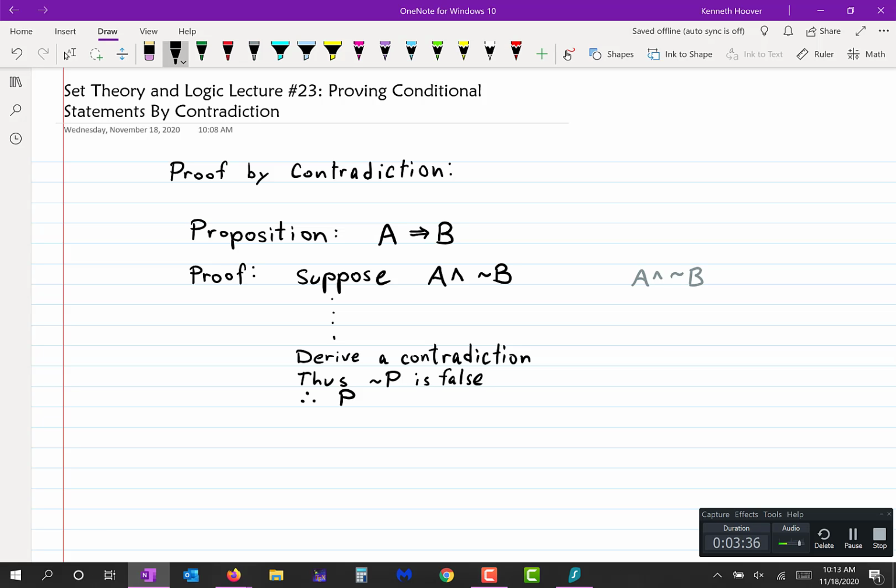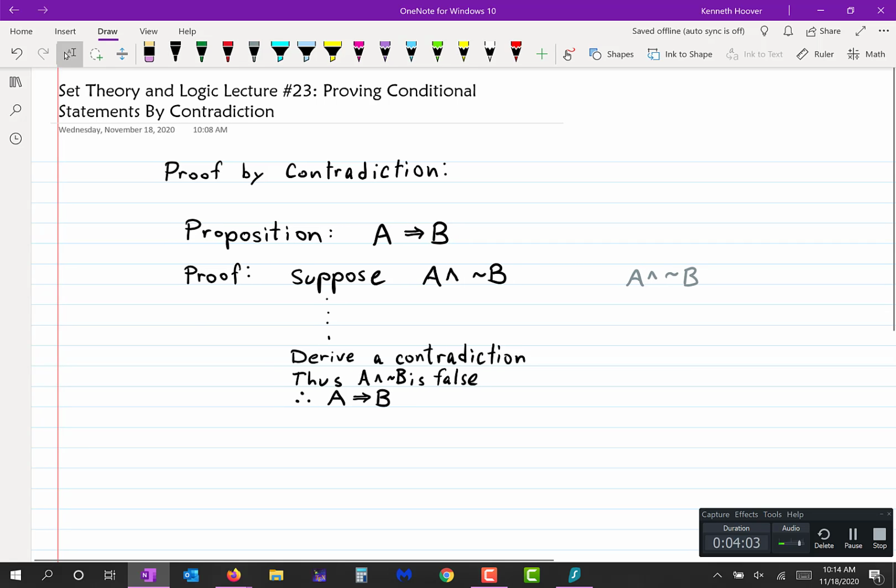So you suppose A and not B. You derive a contradiction. Thus, A and not B is false. Therefore, A implies B.